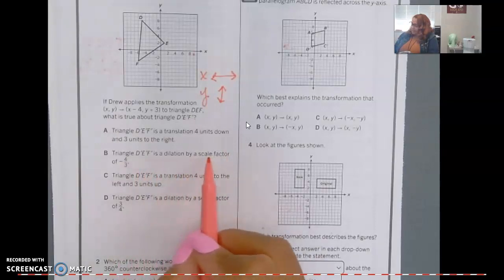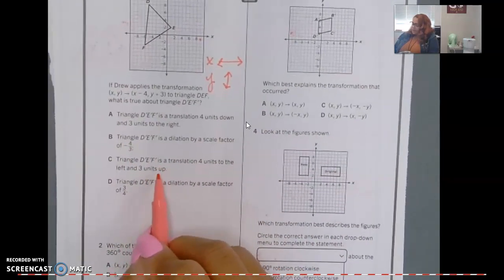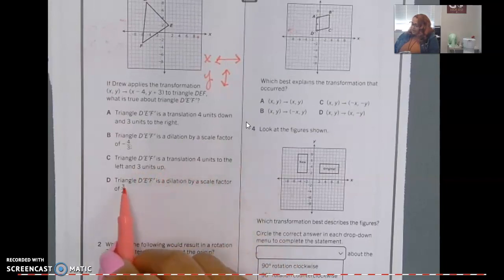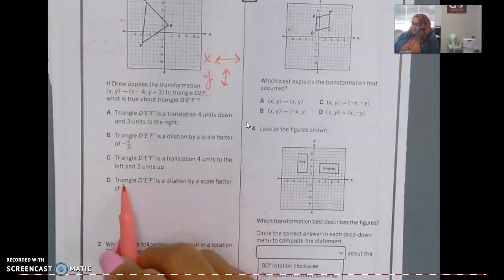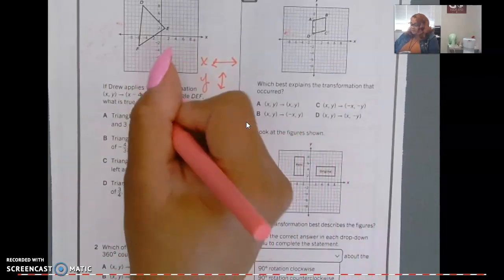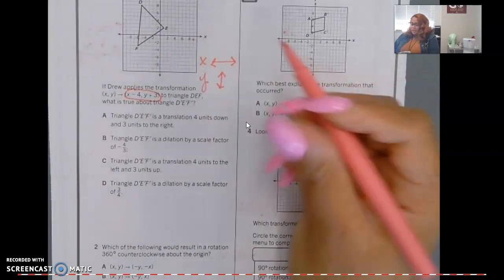It says it's dilated by a scale factor of -4/3. It's a translation of 4 units to the left and 3 units up. And triangle D prime, E prime, F prime is dilated by a scale factor of 3/4. Now, these are just specific rules that you should have written in your notes.